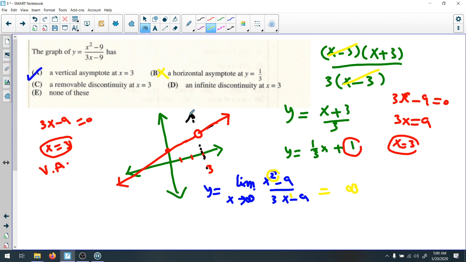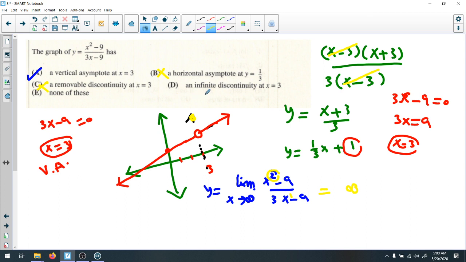Okay, removable discontinuity at x equals 3. No, we don't have another value over here. If we had another value, like a step function, and they told you that the function at x equals 3 is 5, let's say, we could say that. But we don't have that.